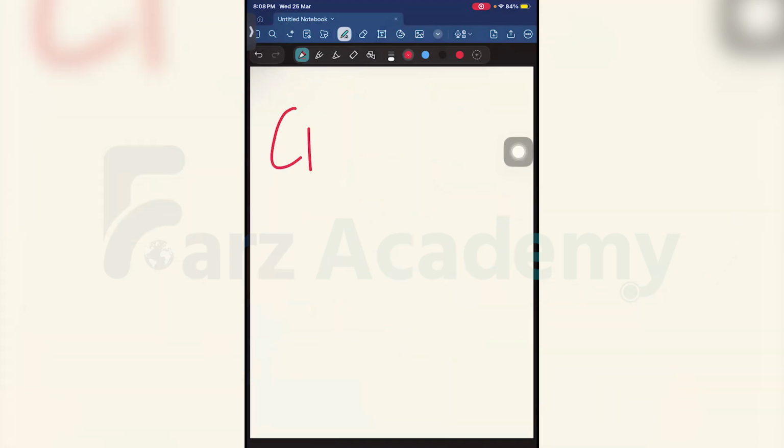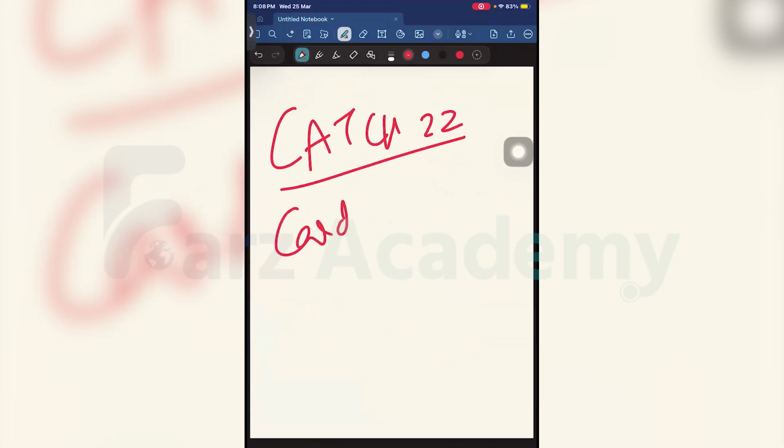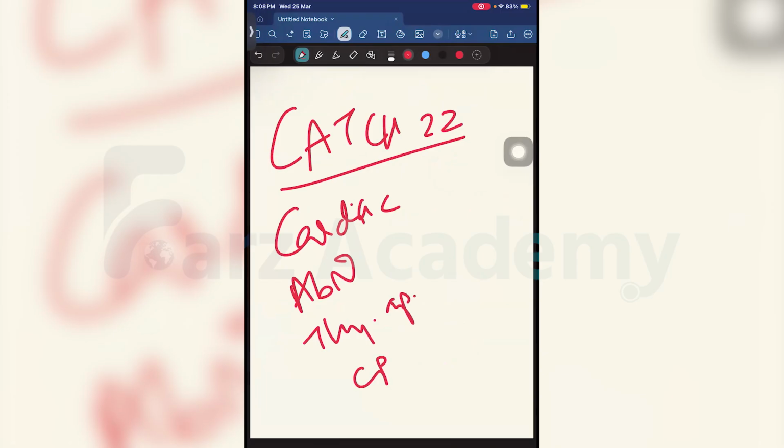CATCH 22 is the way by which you can remember this 22q11 deletion syndrome called DiGeorge, which is your cardiac defects, abnormal facies, thymic aplasia, cleft palate, low set ears, hypocalcemia because of hypoparathyroidism, and 22q11.2 microdeletion.